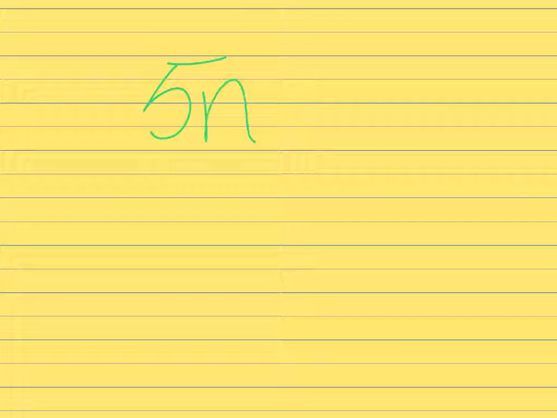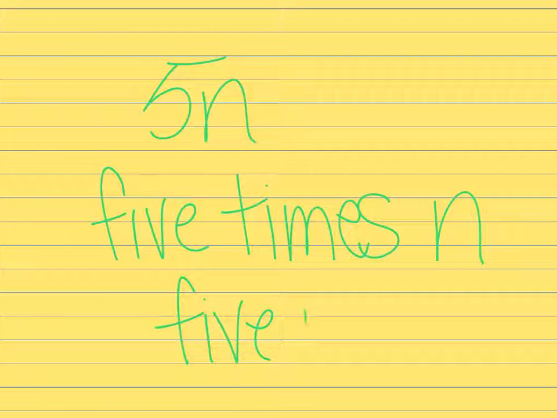So for example, if I had 5n written down, that means 5 times n, whatever n is. Or it could mean, I could write it more than one way. So 5 times n or 5 n's.